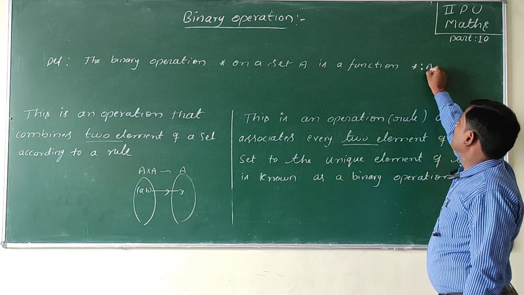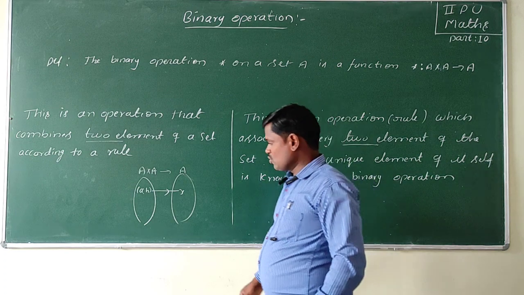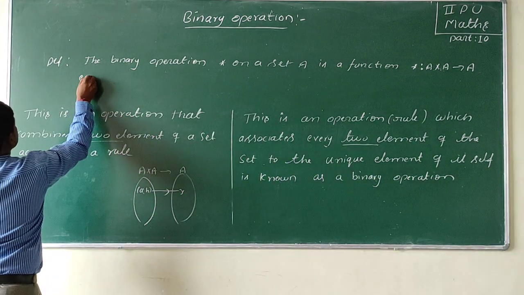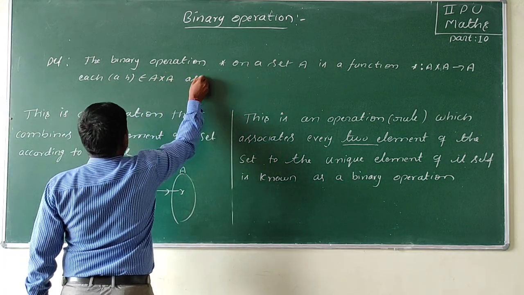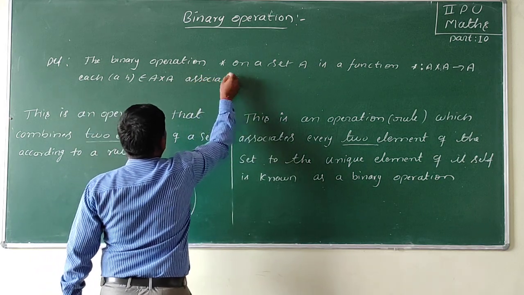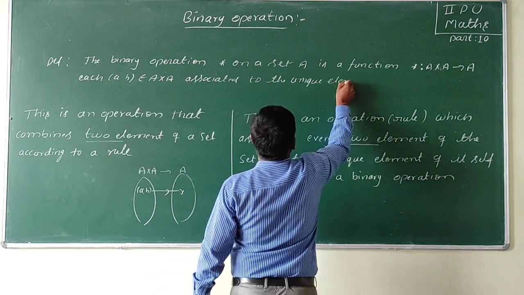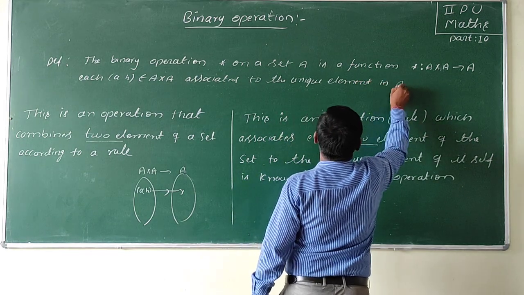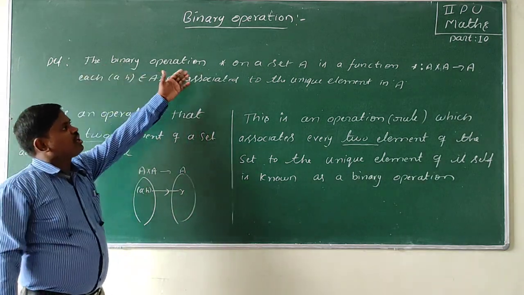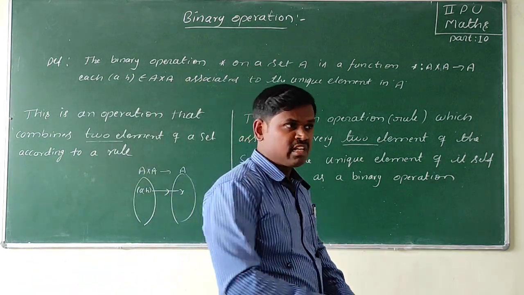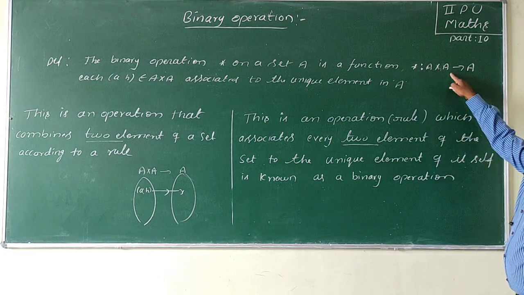Star is a mapping from A cross A to A, which associates, for each (a, b) belonging to A cross A, a unique element in A.